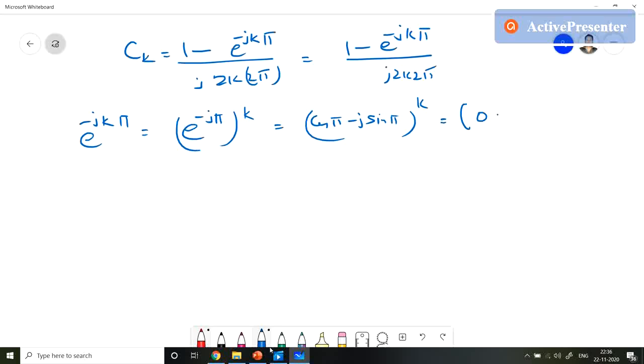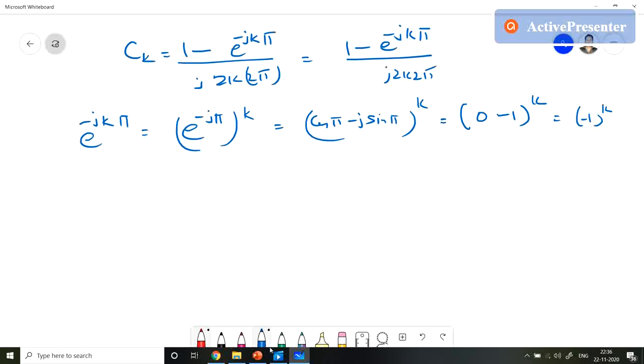Because sin pi is 0 and cos pi is minus 1, this is minus 1 raised to the power k.